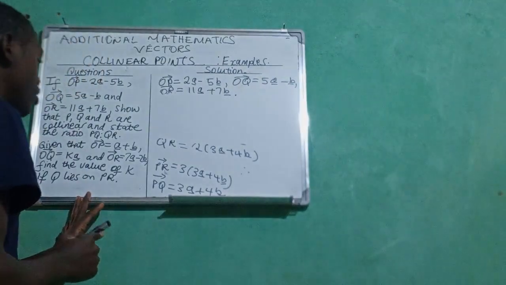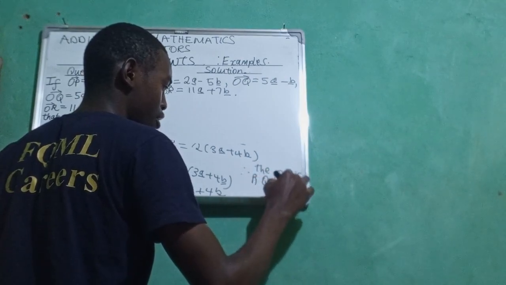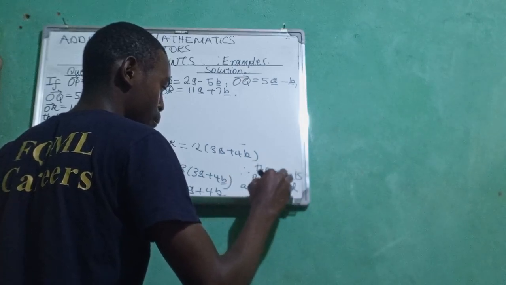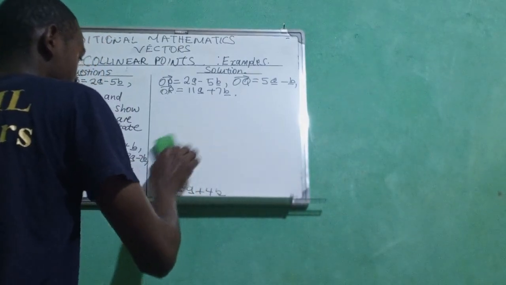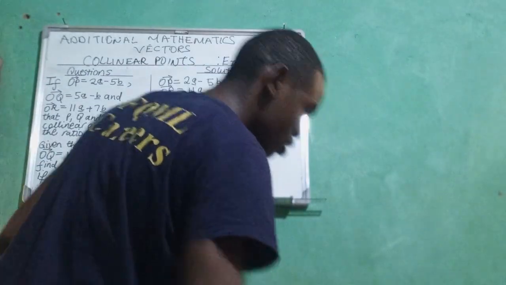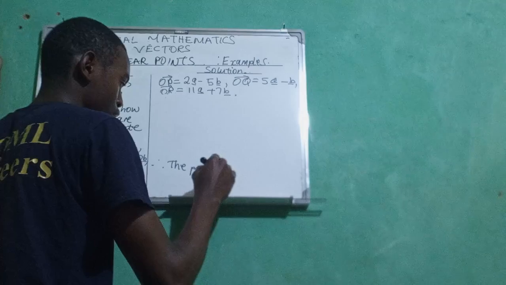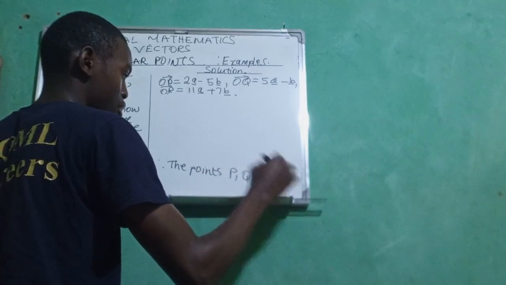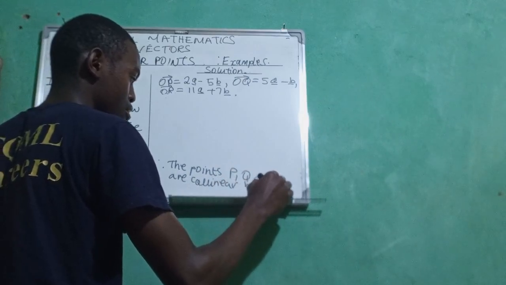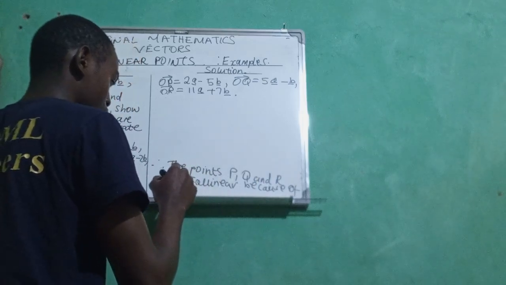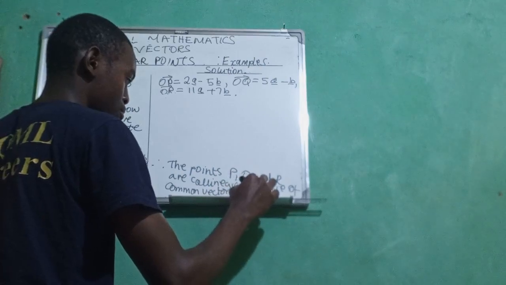Therefore, the points P, Q, and R are collinear because of the common vector 3A plus 4B.